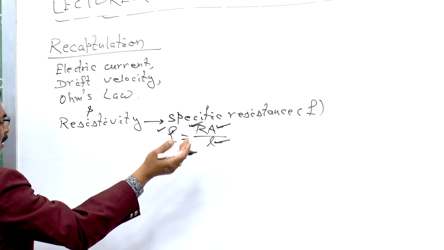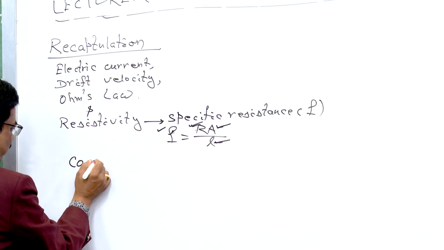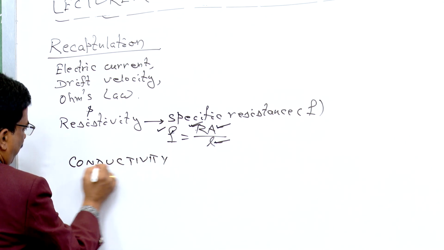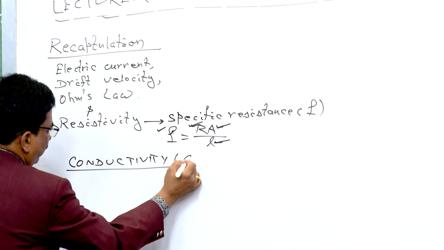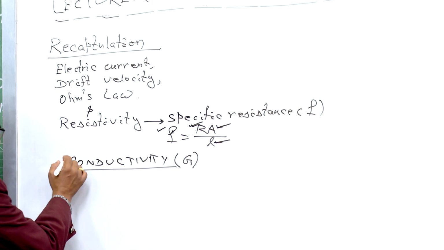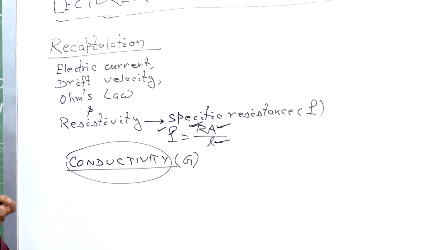Next one, according to our syllabus, is conductivity, which we take in the symbol of G. Conductivity, its parent word is conduct.